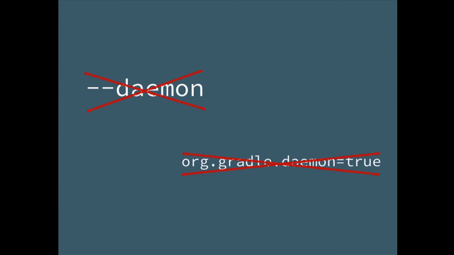It'll just do it by default. Now, like I said, it's the first thing that we suggest to users with slow builds, and we decided that really, going forward, the best way to make everyone's builds fast is to make it easy for them, trivial for them to just use it. So perhaps in the future, enabling parallel by default or configure on demand.